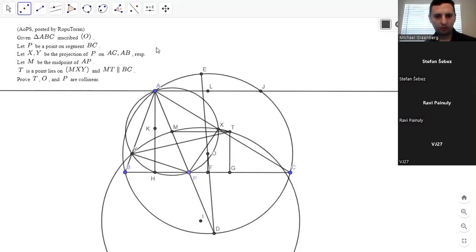What would the circumcircle of MXY look like? So when T is... so P would be BC infinity. Okay.